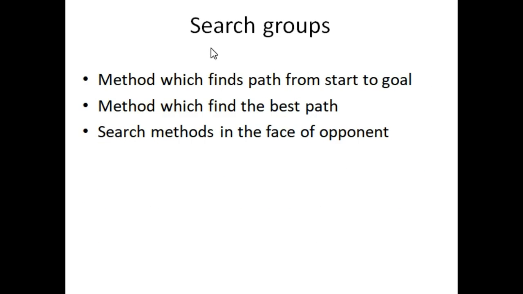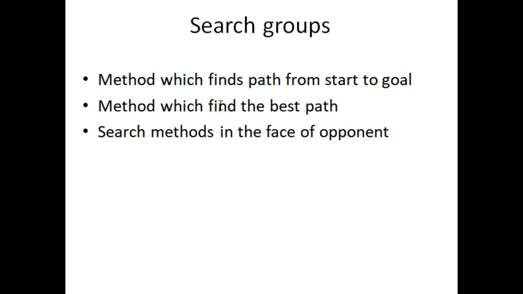So there are some search groups. There are different methods, as I discussed that there are some searching algorithms. So basically there are three different groups of search algorithms. The first one is the method which finds the path from start state to goal state, and the other group is the method that finds the best path.